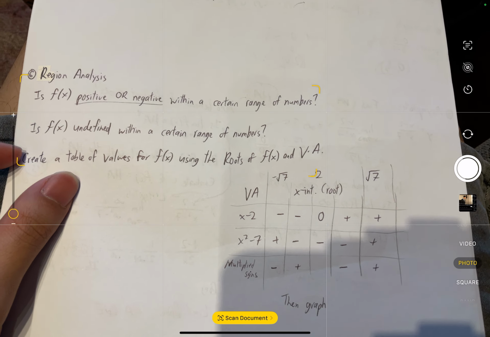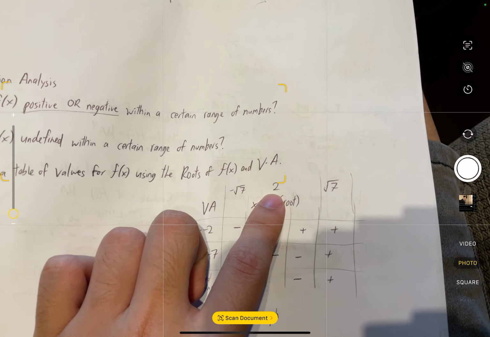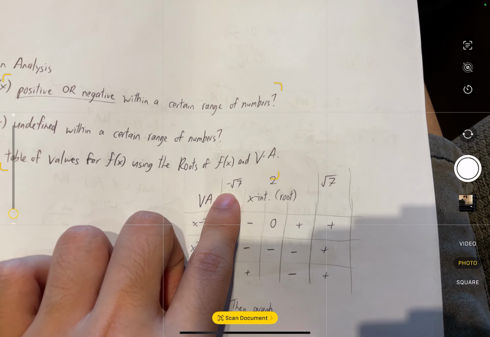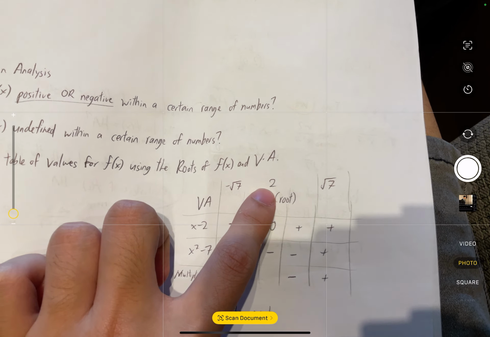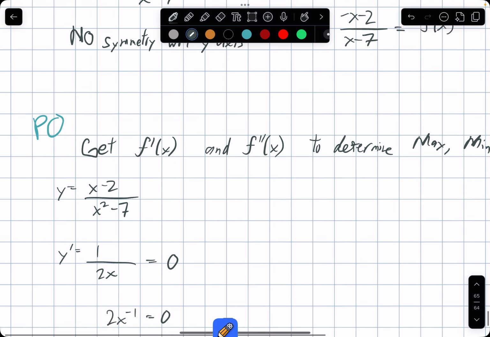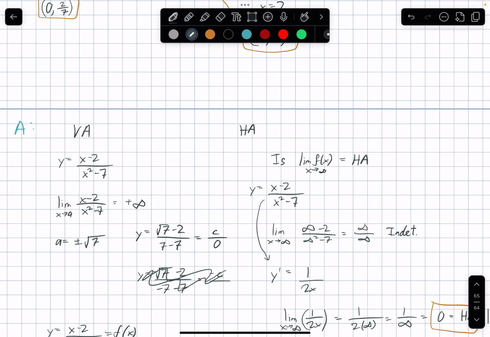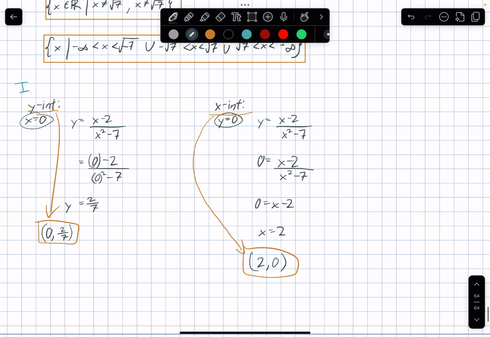So we create a table of values using the roots. The roots, by the way, are 2, square root of 7, and negative square root of 7. Where did we get 2? Let's see. Most likely it came from the x-intercept.